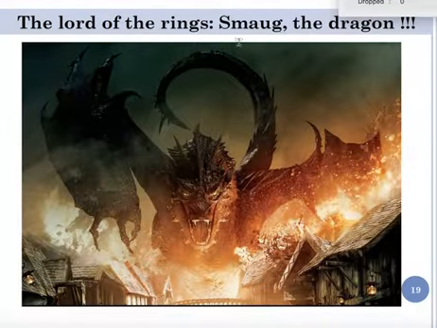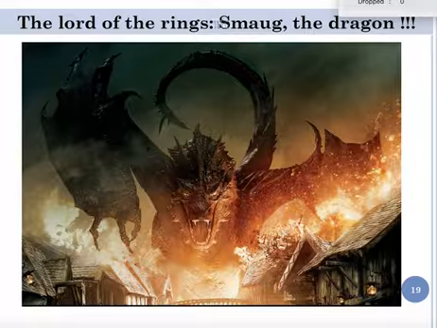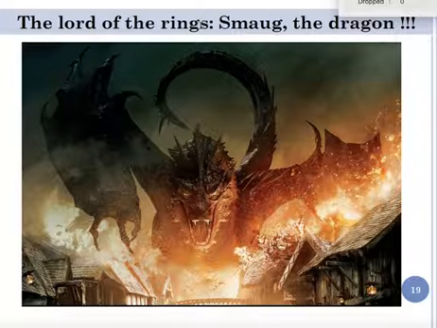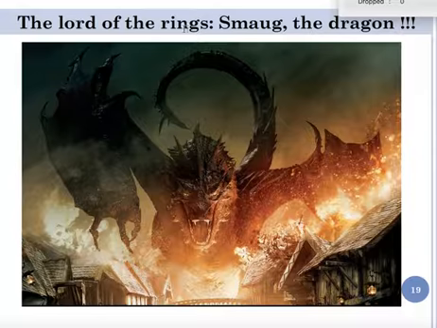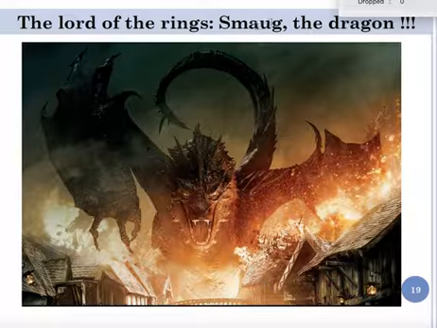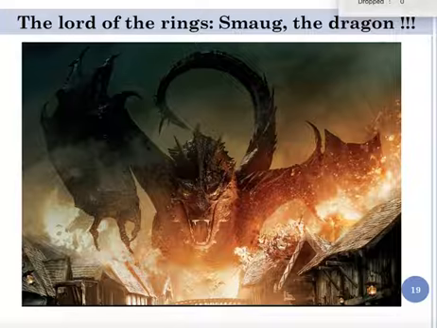And this protein is called Smaug. They took the name just from one movie that came out at the same time as their study. This movie was The Lord of the Rings. I think you heard about this movie. It was a very famous movie at that time. In this movie, Smaug was the dragon that will destroy everything.